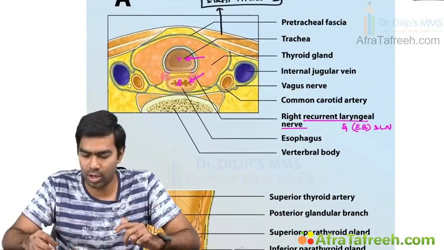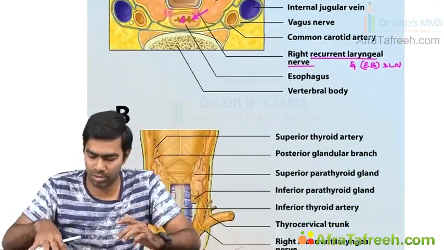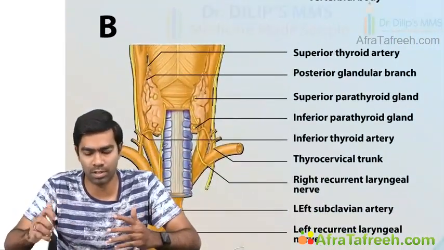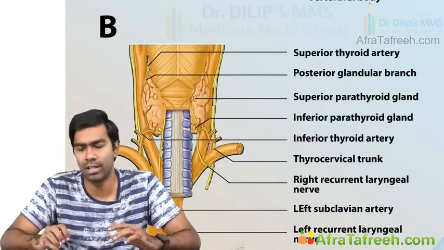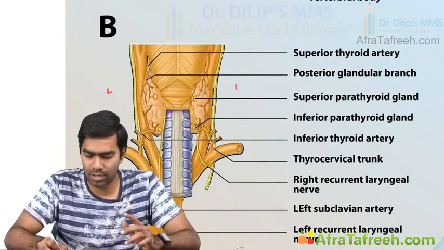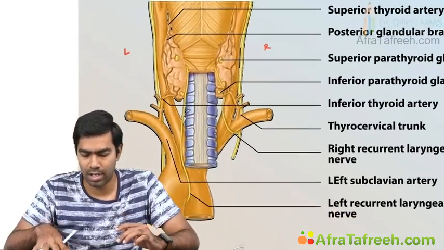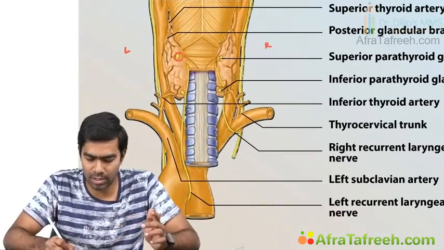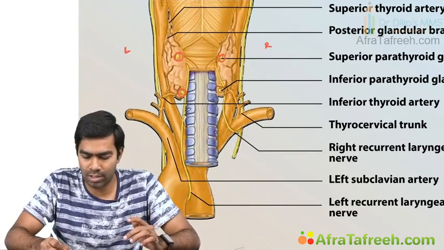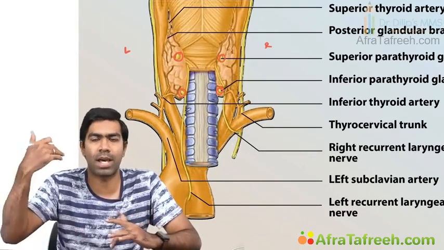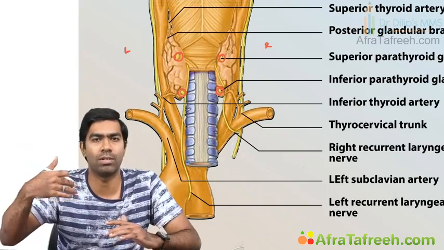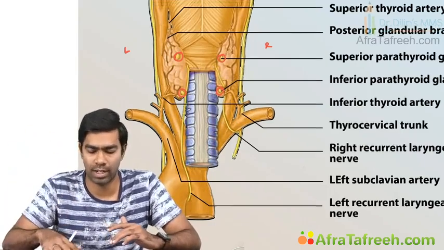And next, on the posterior portion, so you can see this is the posterior aspect of the gland. You're seeing the gland from the posterior side, which means this is going to be the left and this is going to be the right. And in the posterior aspect, you can see the parathyroids have a very important relationship, which means these parathyroid glands are going to be present on the posterior side of the thyroid gland.